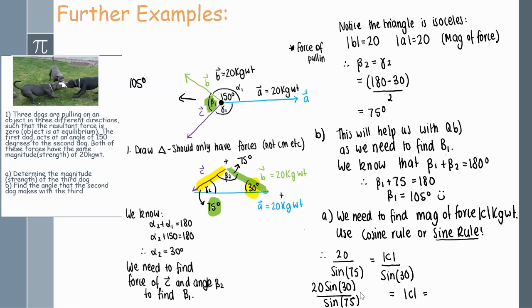If you do this, you'll get an exact form of 10 root 6 minus 10 root 2. If you're asked to round it to 2 decimal places, this will be approximately 10.35 kgWt.